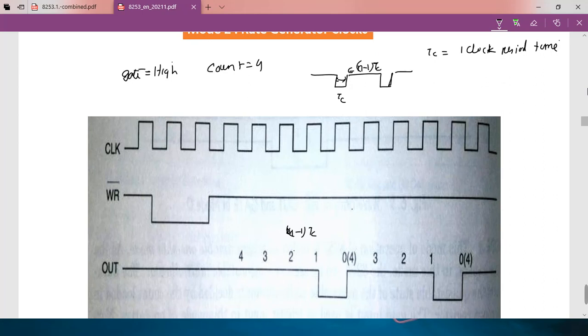Whenever this time is reached, a low pulse of duration 1 clock period is generated. Again it is reloaded with 4, then 3, 2, 1, and we again get the low pulse of 1 clock period, and so on. So whenever we want to generate a low pulse at a certain period of time, we can use rate generator.